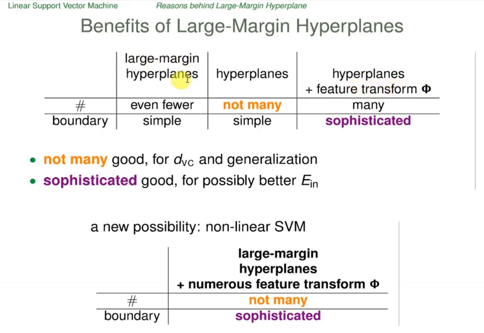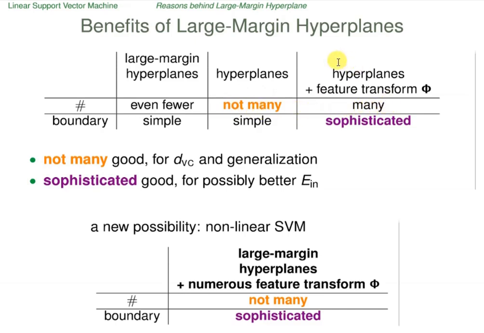In SVMs, in large margin hyperplanes, the effective number of hypotheses, the dichotomies, is very small. In plain hyperplanes, the effective number of hypotheses is not many.